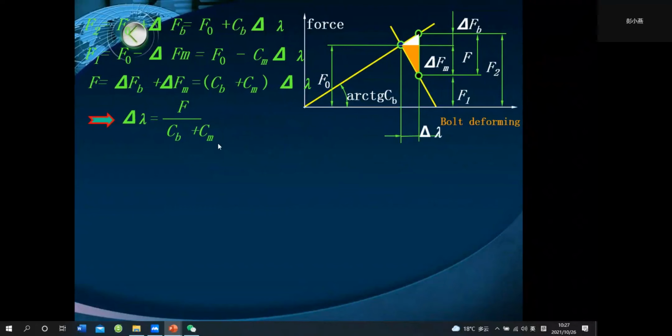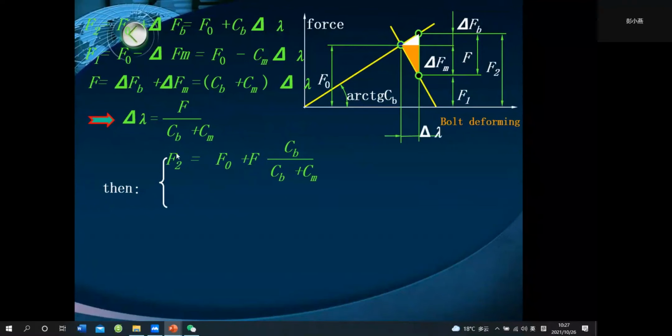Cb and Cm are the stiffness coefficients of bolt and members respectively. Then we have this.